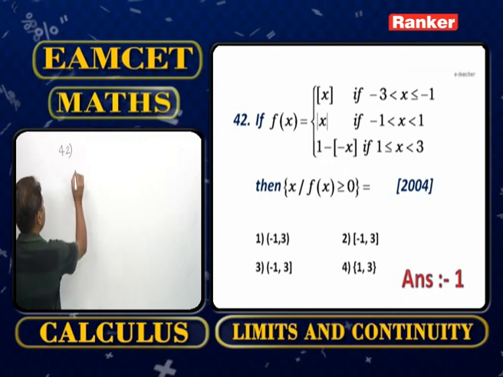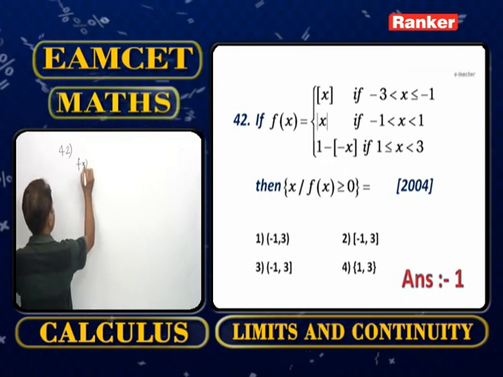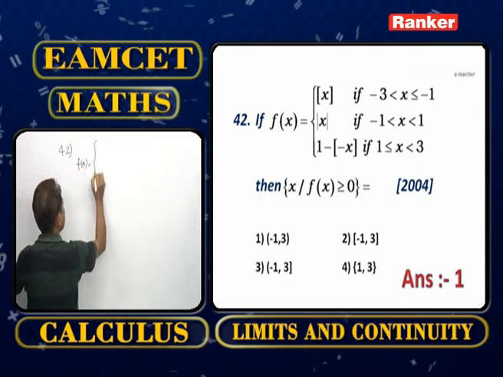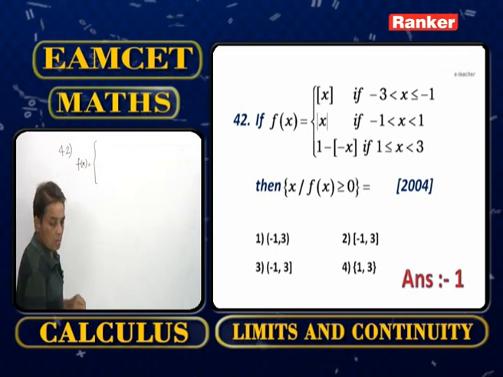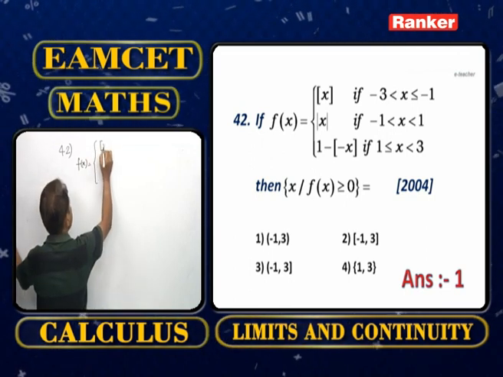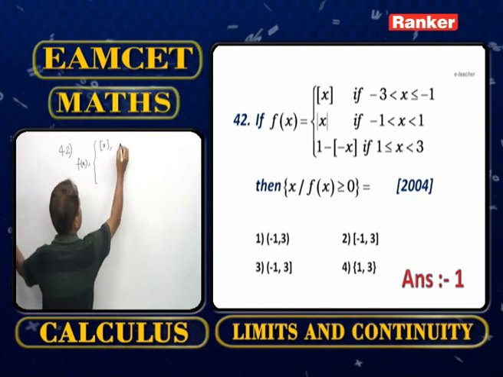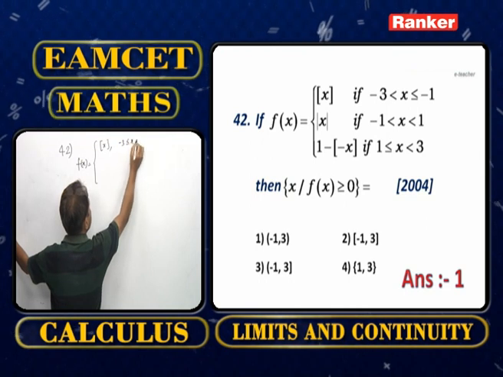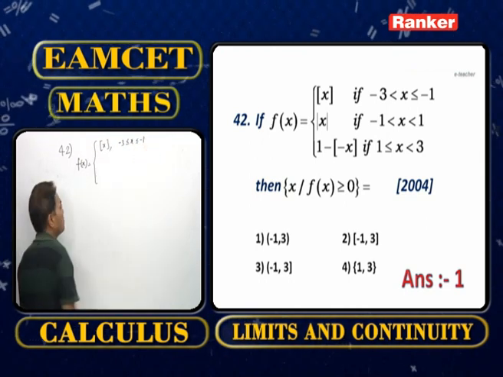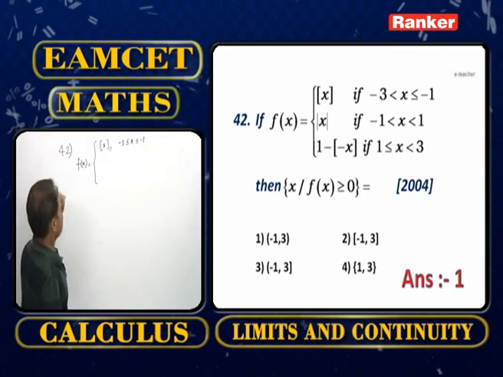Here again, different definitions for f of x are given and we follow them accordingly. Floor of x, the integer part of x, when x is from minus 3 to minus 1. Between minus 3 and minus 1 use floor x.